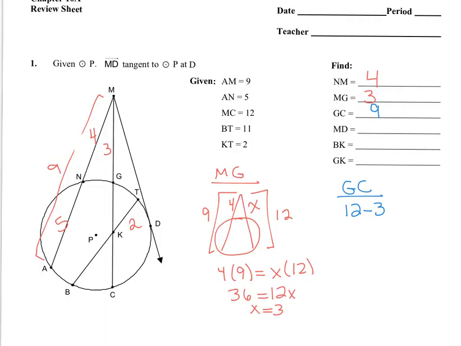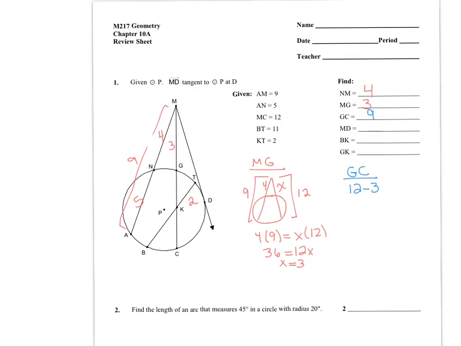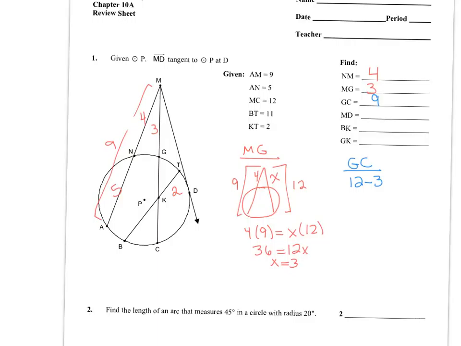Okay, next one it says to find MD. MD is my tangent. So I'm going to do obviously a tangent secant. I think I'm going to stick with the secant that I know is right, the secant that they pretty much gave me all the information for. So I'm going to find MD over here. I'm going to redraw this. I'm running out of room.